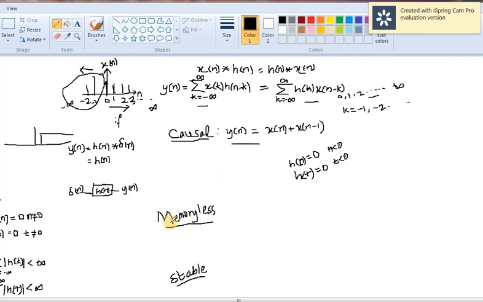We'll go for the next point, that is memoryless. A system is said to be memoryless.